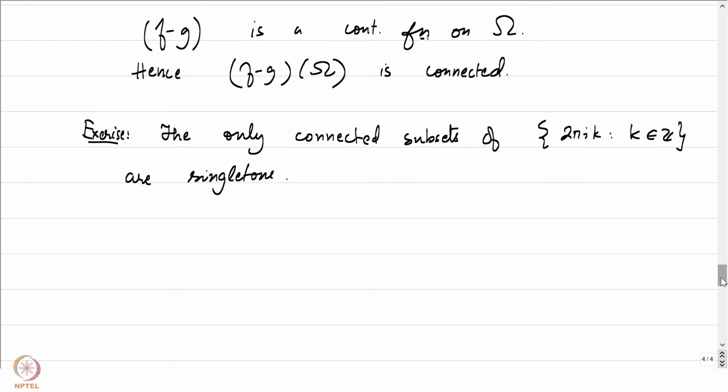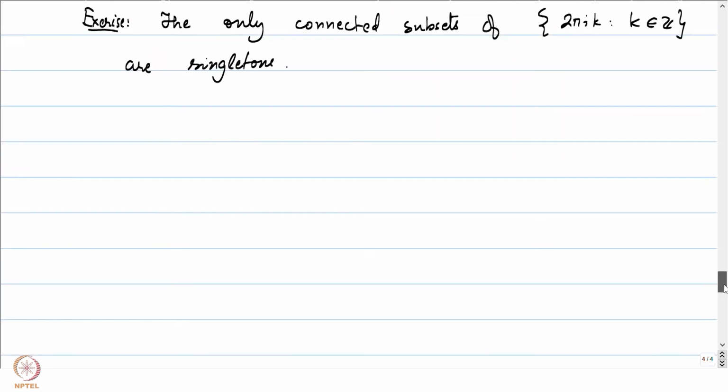f minus g of omega should be a connected subset of this set.